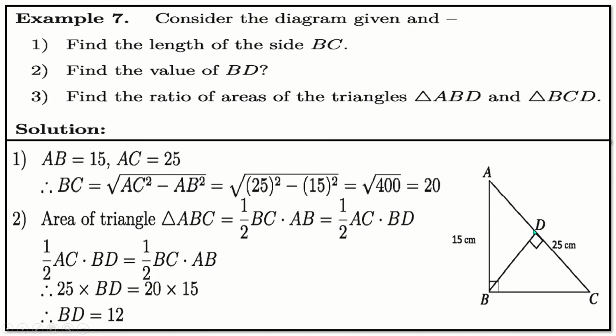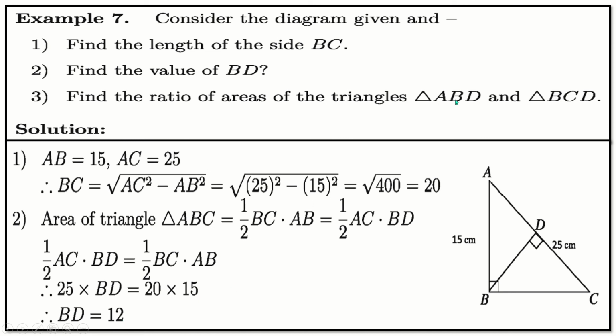Then also we get area of triangle ABC is equal to half into base into height, here height BD. So according to the question, this part and this part are equal, both sides half cut, and AC is equal to 25 into BD, and here BC is equal to 20 and AB is equal to 15. So after calculating, BD is equal to 12.